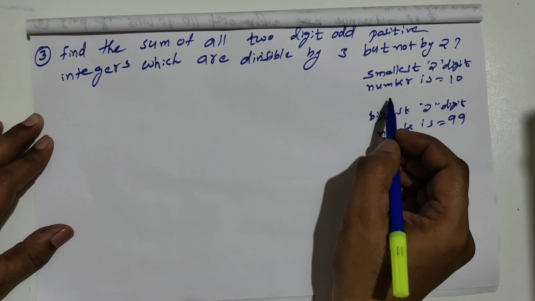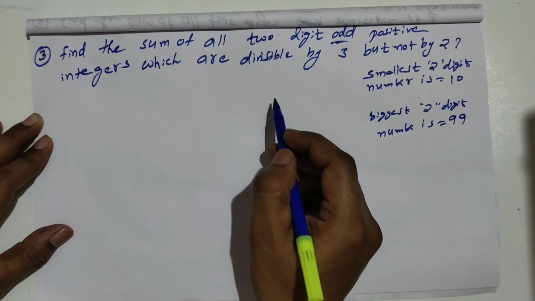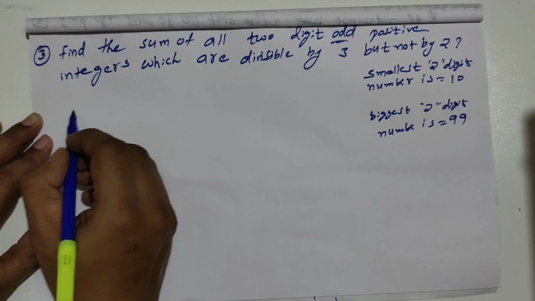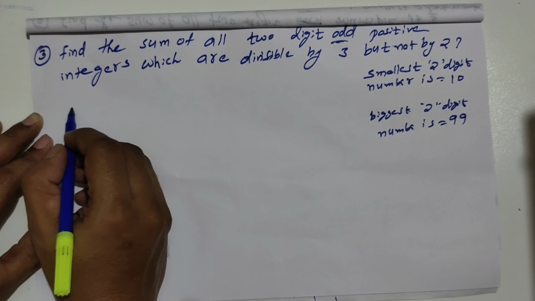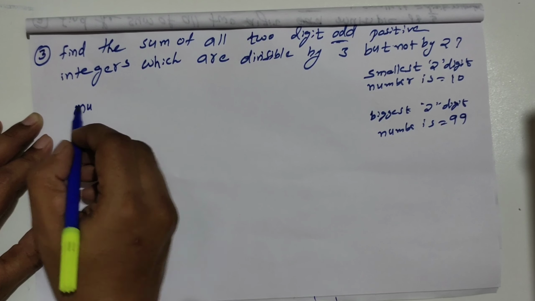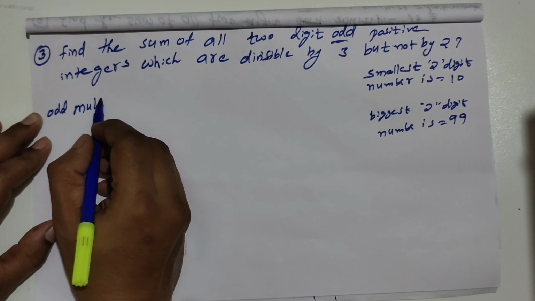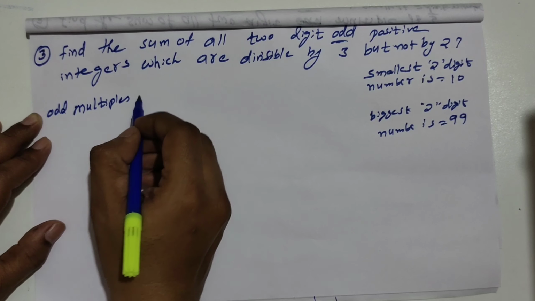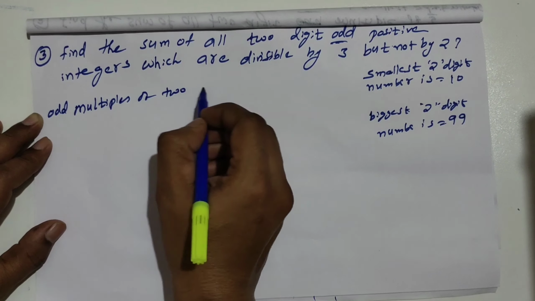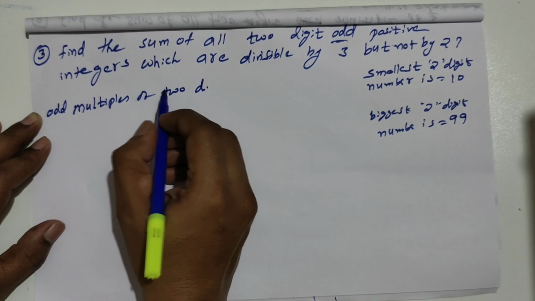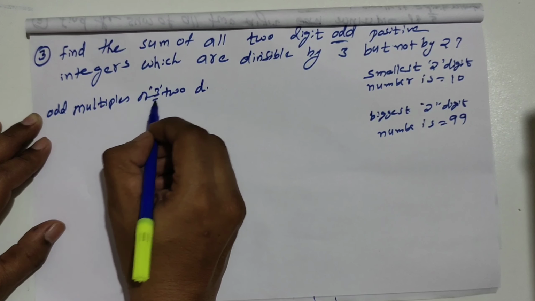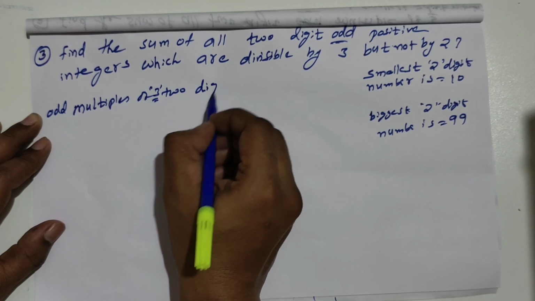Now we write only the odd positive integers. So first we have to take the odd multiples of 3 that are 2-digit numbers.